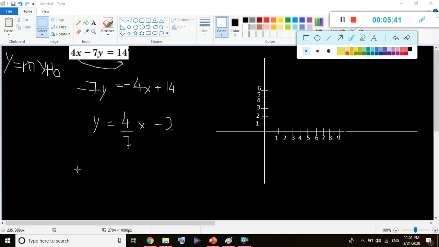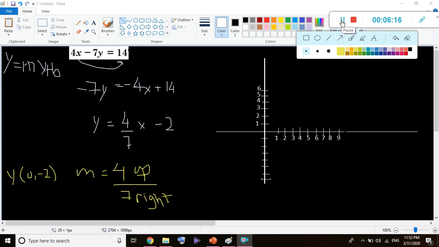So the slope here, m equals 4 units upward, and 7 units to the right because it's positive. And the y-intercept is going to be 0, negative 2. Let me just now draw it here. Okay, now we're going to draw them.